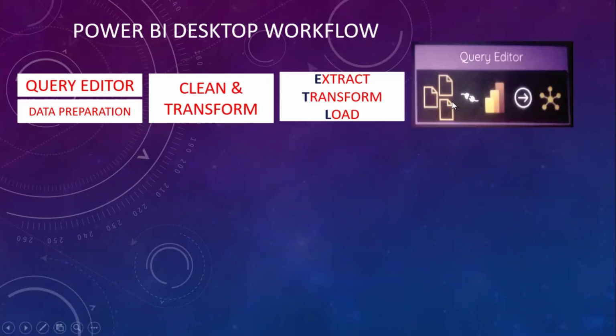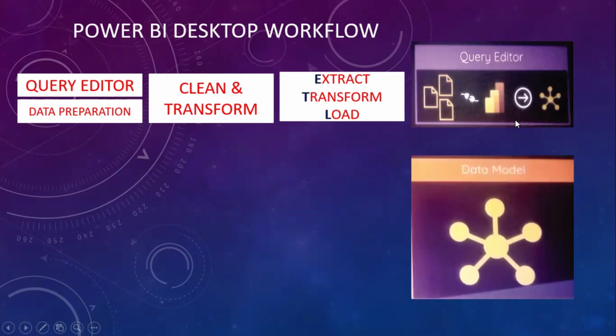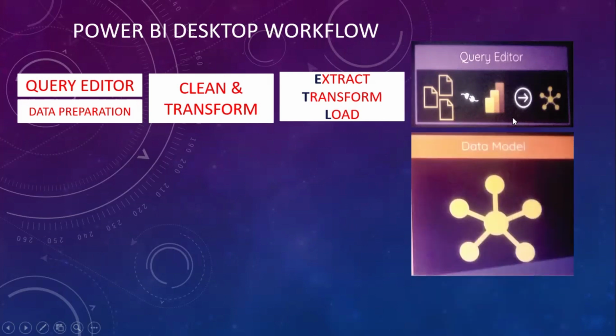You see the data source, and there is a connection from Power BI. You connect from Power BI, then after transformation, you now load it inside the data model. Now, the data model is an environment where you perform several activities.